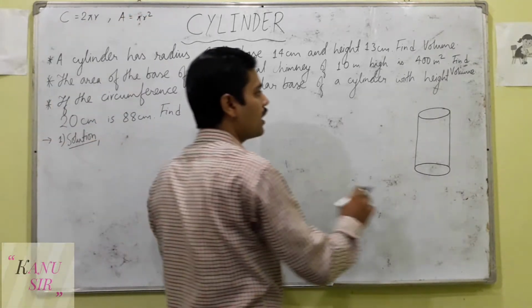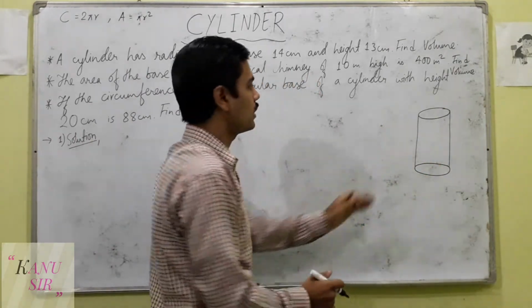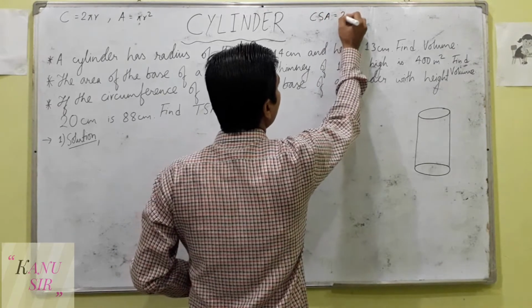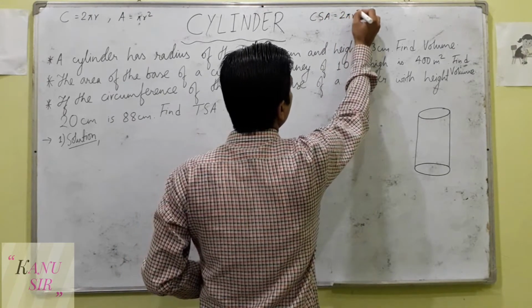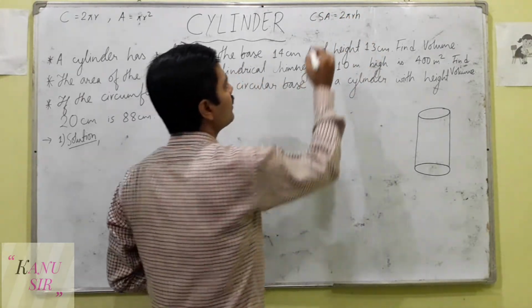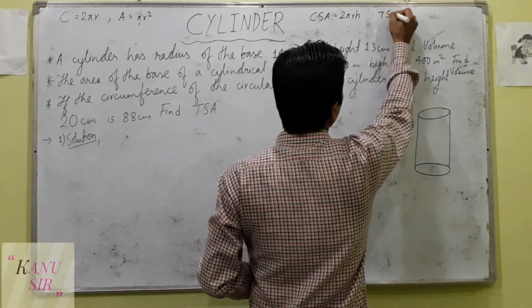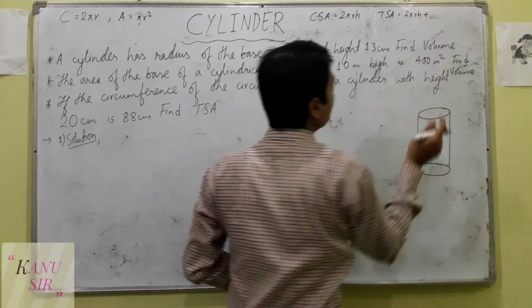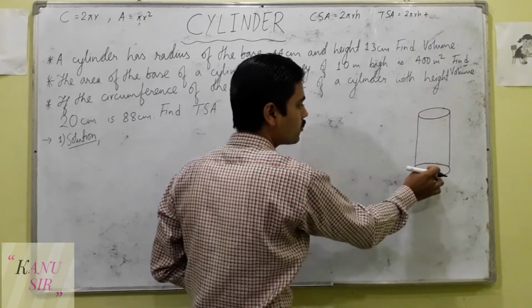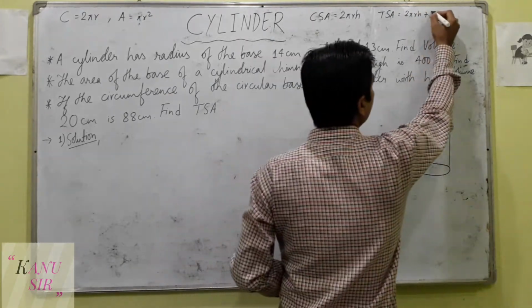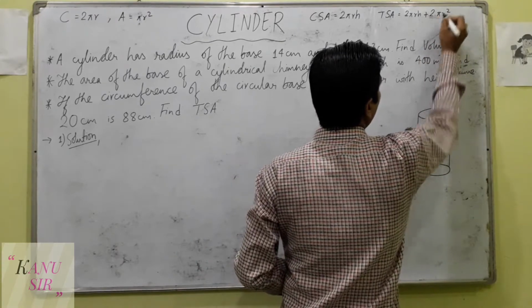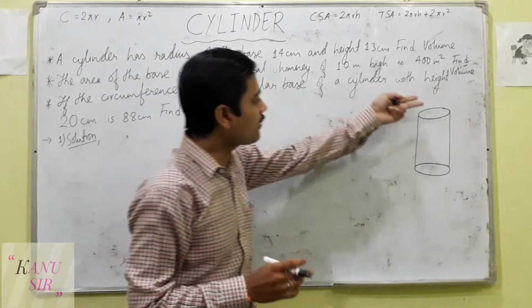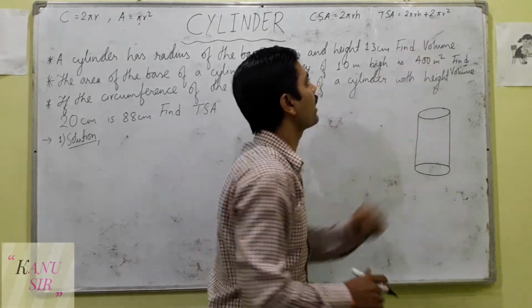After that we discussed the curved surface area of a cylinder, that is 2 pi r h, and the total surface area of a cylinder is 2 pi r h plus the area of two circles, that is 2 pi r square. Pi r square is the area of a circle, and 2 times the area of a circle makes 2 pi r square.